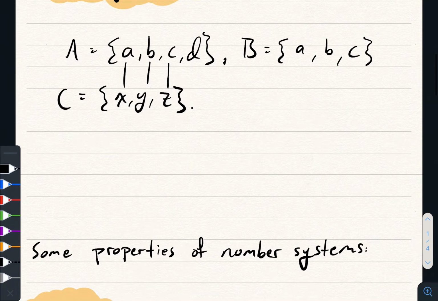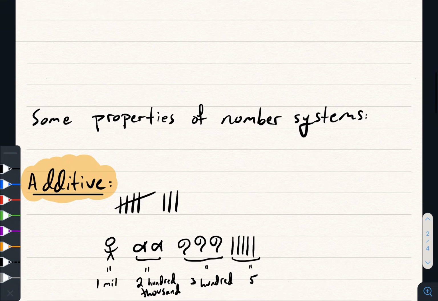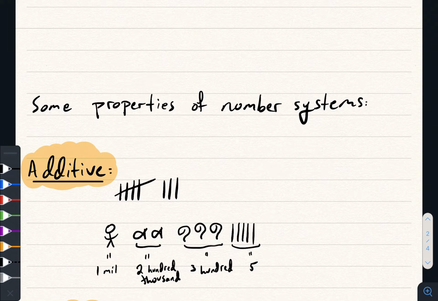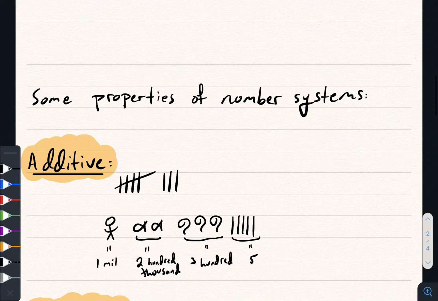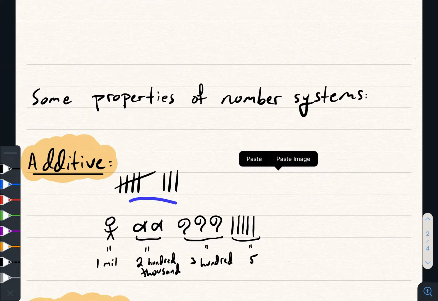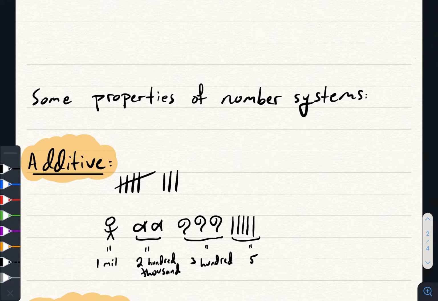So a few properties of number systems that I want to talk about. A number system can be additive. What does that mean? The tally system over here is one example of an additive system.